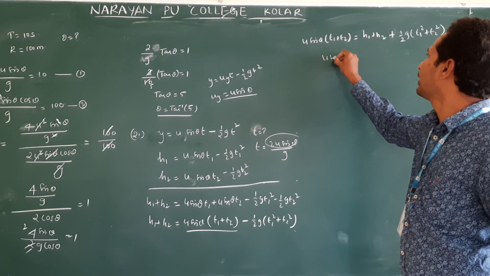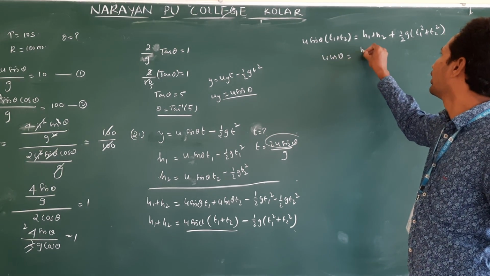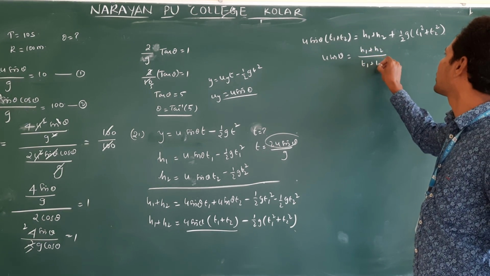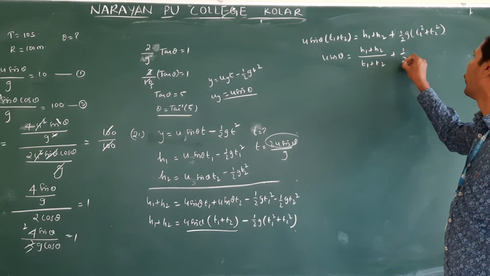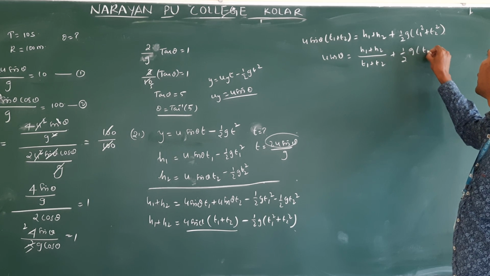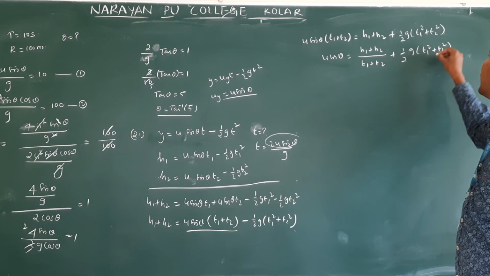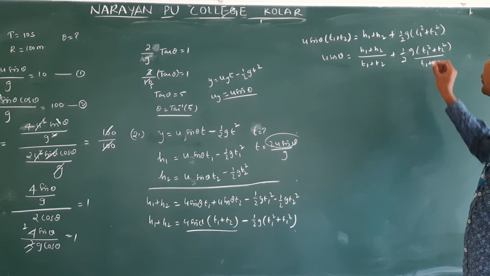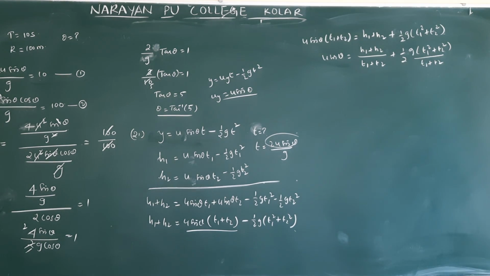Now make u sin theta the subject. Then u sin theta is h1 plus h2 by t1 plus t2, plus 1 by 2 g, t1 square plus t2 square by t1 plus t2. You can write it like this also. Clear? Actually it will become the total.